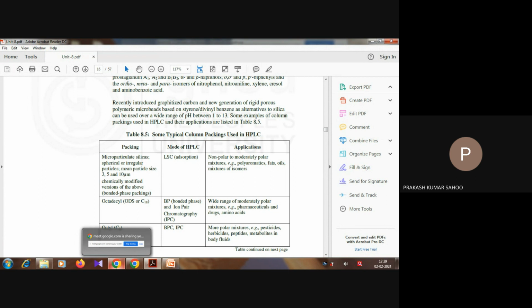The examples are non-polar to moderately polar mixtures, for example polyaromatics, fats, etc.